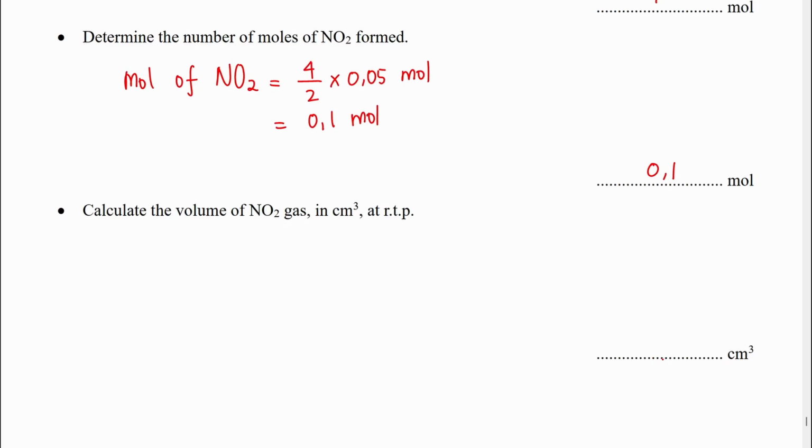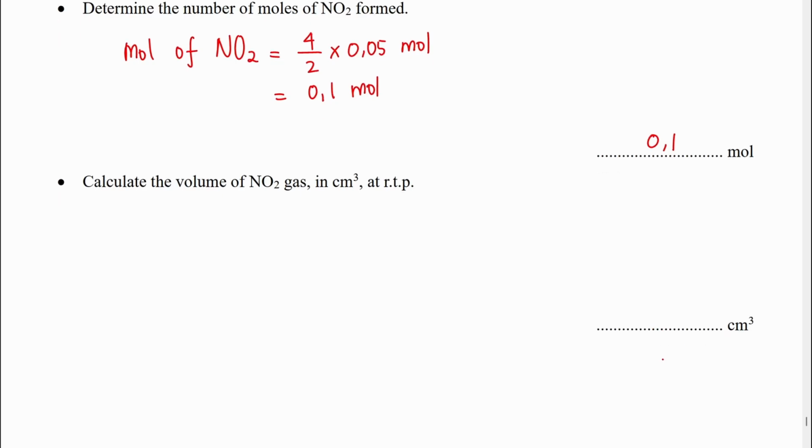Next, calculate the volume of NO2 gas in centimeter cube at RTP. If you still remember how to find the mole of gas at RTP, mole equals to volume divided by 24 dm cube per mole. So this is the formula. So just rearrange the formula. We want to find the volume, right? So volume of NO2 equals to mole times 24.